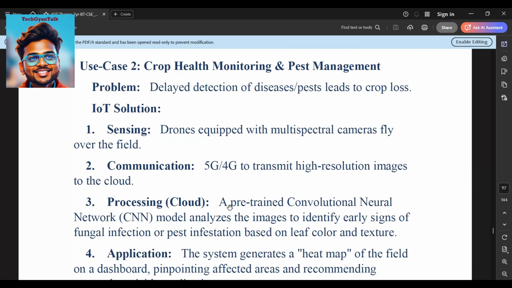And use case 2: crop health monitoring and pest management. Problem: delayed detection of diseases and pests leads to crop loss. IoT solution, sensing: drones equipped with multi-spectral cameras fly over the field. Communication: 5G, 4G to transmit high-resolution images to the cloud.